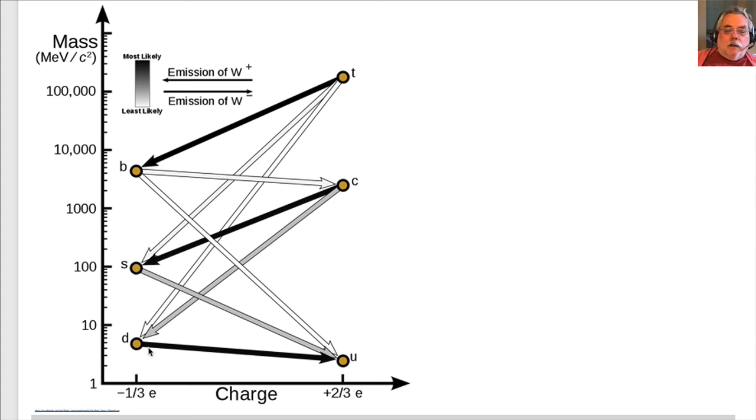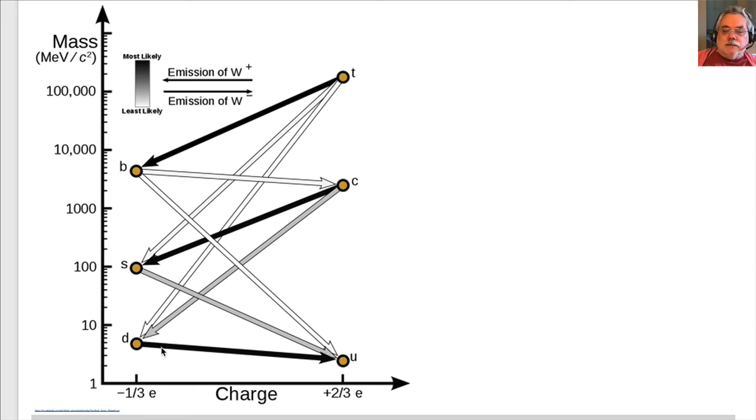The down quark decays to the up quark when a down quark can decay. For example, a neutron decaying to a proton. It is not that every down quark decays to an up quark. The proton, which we'll learn is an up quark, down quark, is stable.